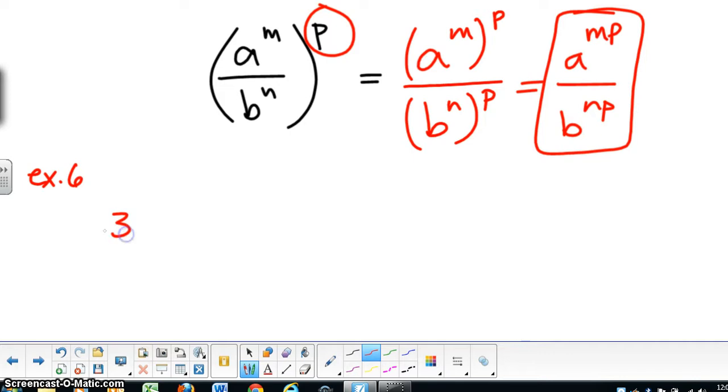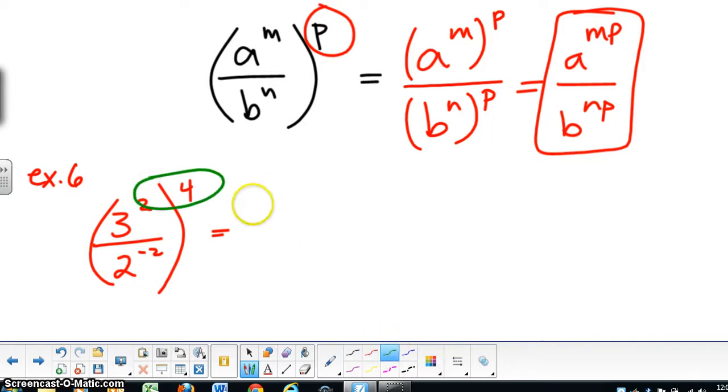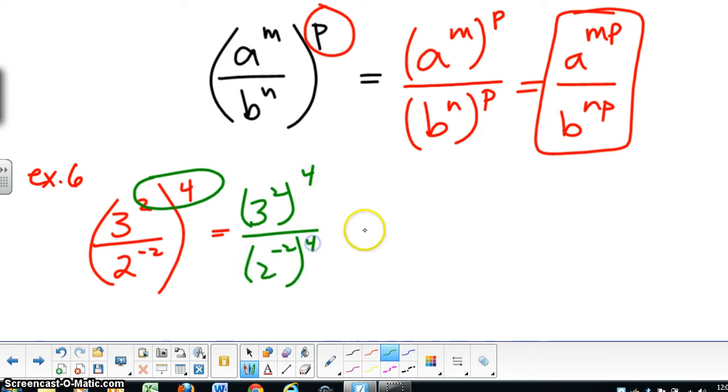Okay, so what if you had 3 to the second power over 2 to the negative 2 power to the 4th power? Okay, so as we look at the rule above, it would be 3 squared to the 4th over 2 to the negative 2 to the 4th.